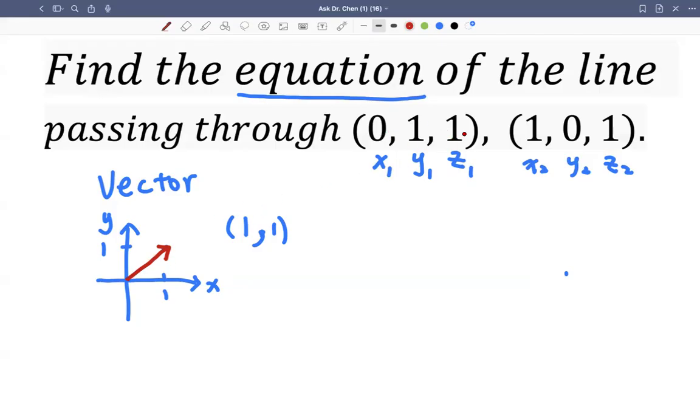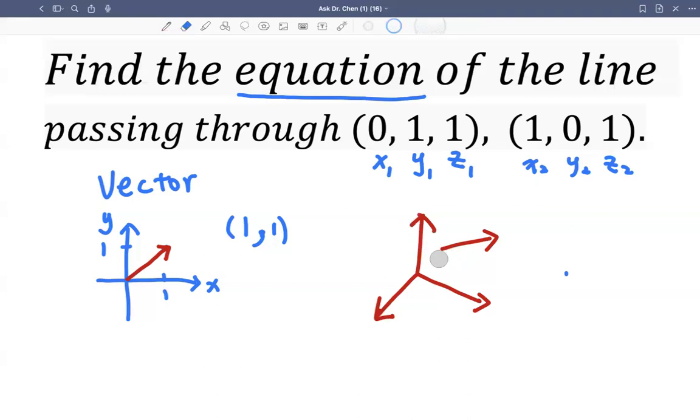These 2 points we can treat as vectors from the origin, 0, 0, 0, in 3 dimensions, connecting to this point 0, 1, 1. Just imagine a vector flowing in a 3-dimensional coordinate system. We're going to use this vector idea to represent a line passing through these 2 points.